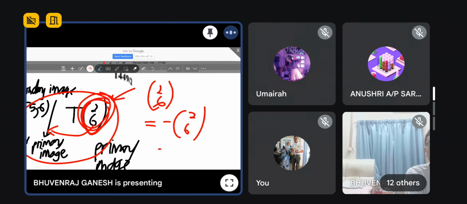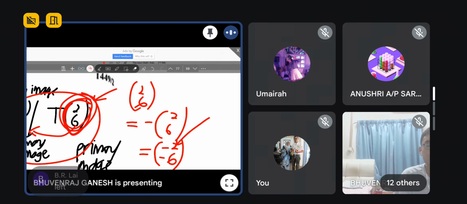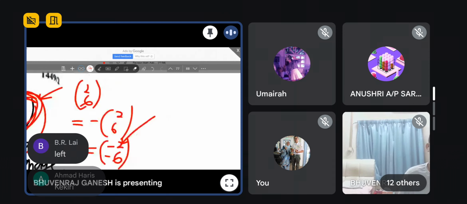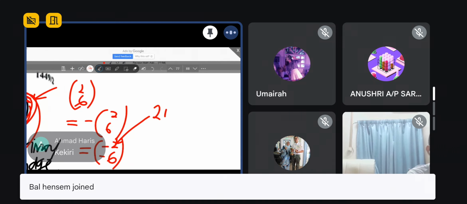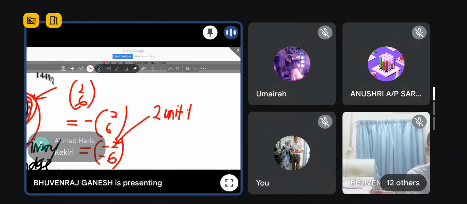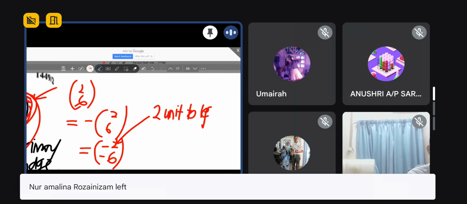So it's like this. Okay, so you can expand -2, -6. So guys, -2 means what? In translation. Kalau kamu belajar translasi, -2 tu maksud apa? Yes, means you move 2 unit to the left. Am I right? 2 unit to left. Kepada kiri. Yes.